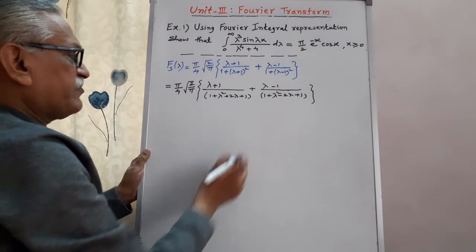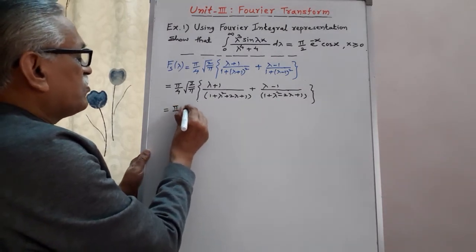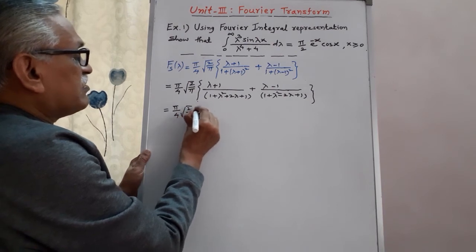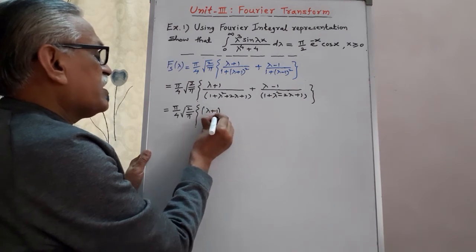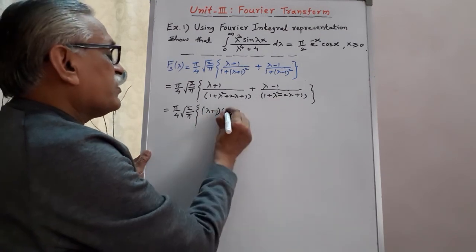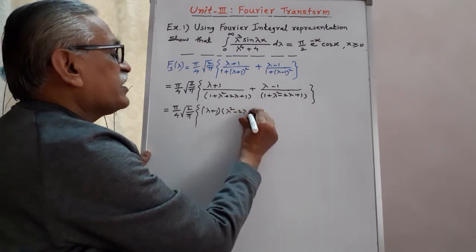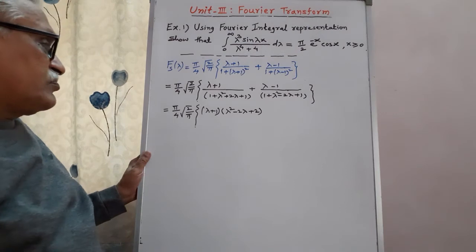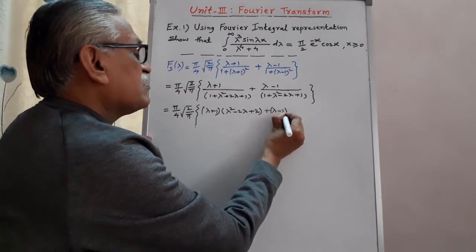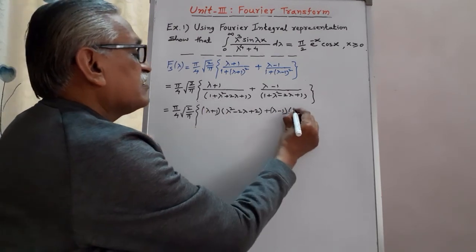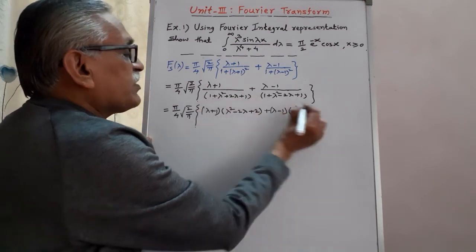Cross multiplying, we get therefore pi by 4 root of 2 by pi, it is lambda plus 1 multiplied by lambda square minus 2 lambda, 1 plus 1 we get 2, plus lambda minus 1 multiplied by lambda square plus 2 lambda, and again 1 plus 1 we get 2.